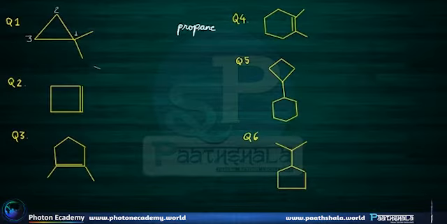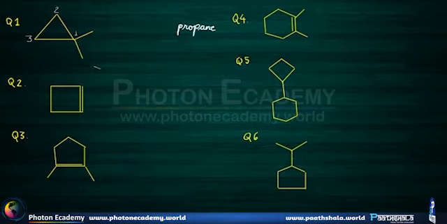Now, let's see our prefix. There are 2 substituents present over here on the first carbon. So, my correct prefix will be 1, 1. There are 2 methyl groups present, so dimethyl.